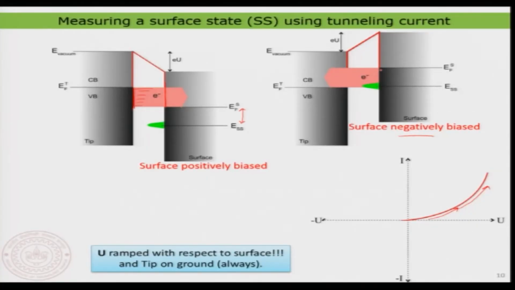You see something quite interesting: the density of states of the surface is constant up to this point, but suddenly, somewhere around the energy corresponding to ESS, there is a strong increase in the density of states of the surface. Therefore, you would expect a quick increase in the current when you apply the negative bias.